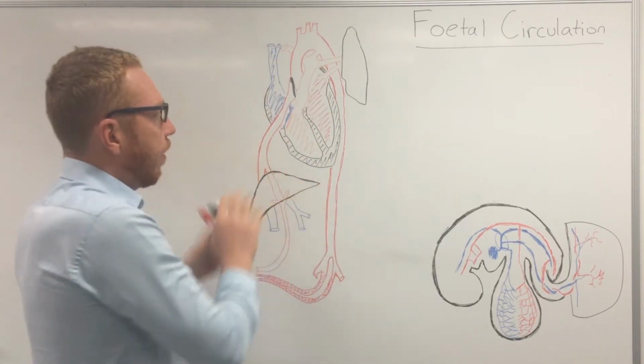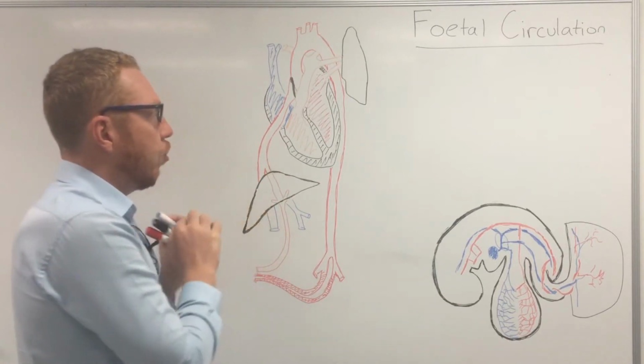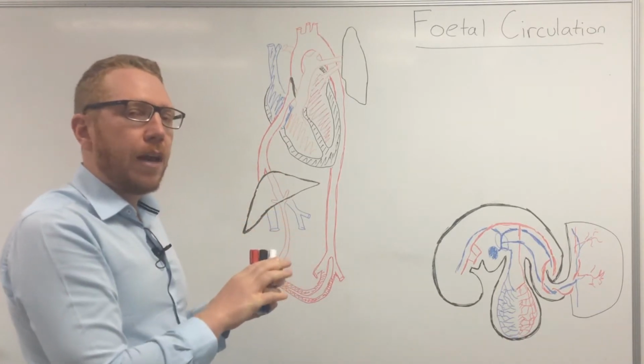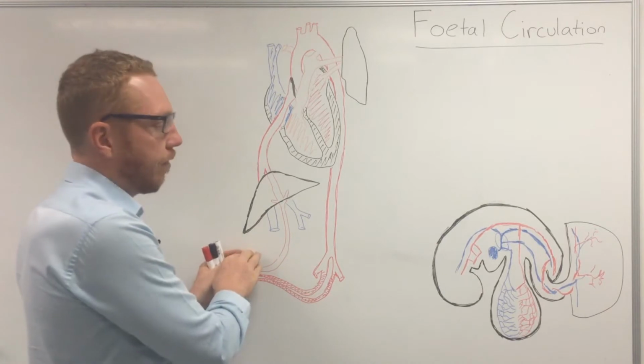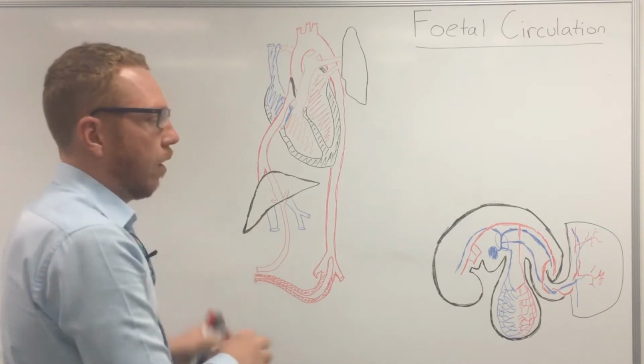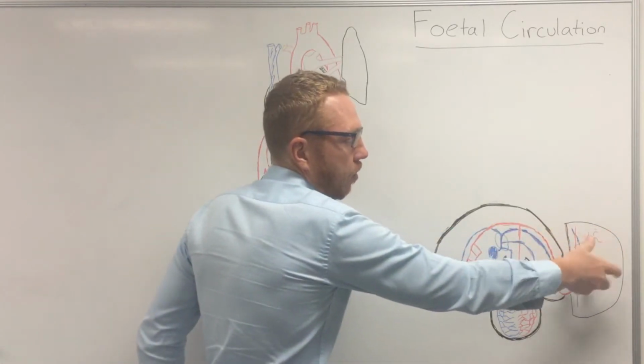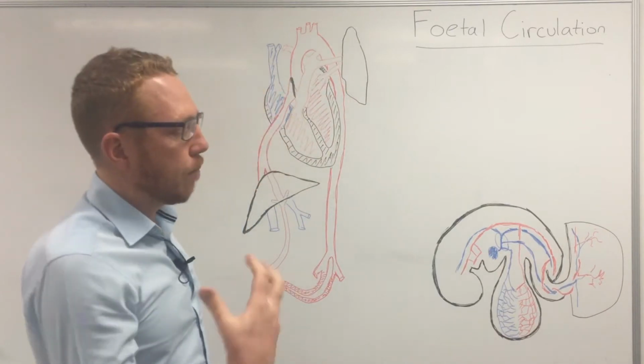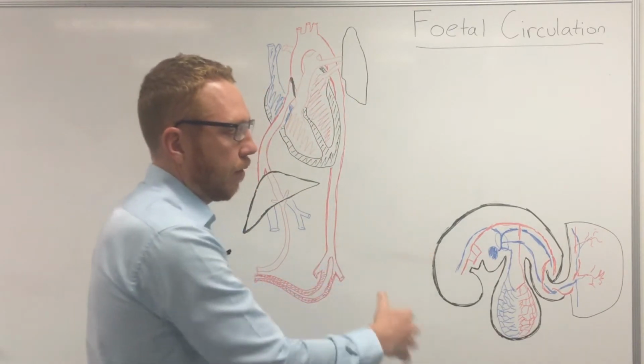So in the fetus, the nutrient-rich, oxygen-rich blood is going to be coming into the fetus from the placenta. The placenta is an exchange mechanism between the mother's blood and the fetus's blood.